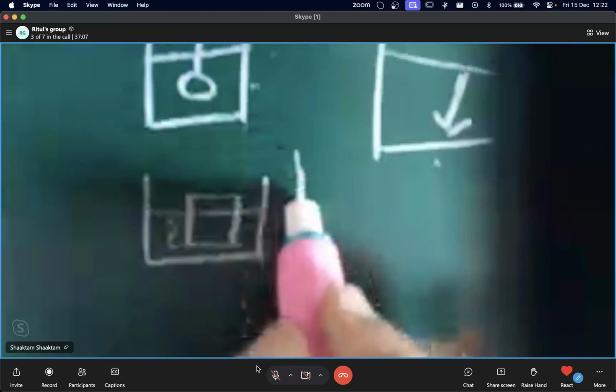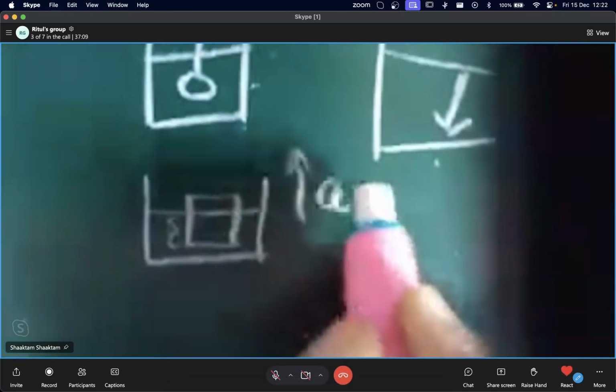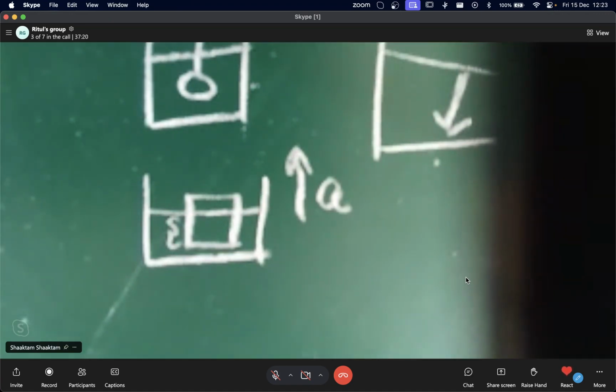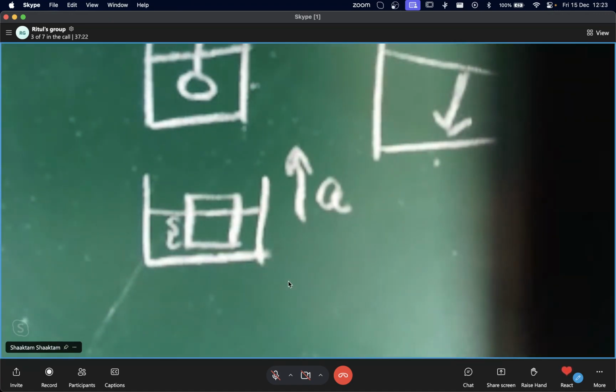We make this trough accelerate with an acceleration a, kept in an elevator which is moving upward with acceleration a. X will increase, X will decrease, X will remain the same, or data insufficient?